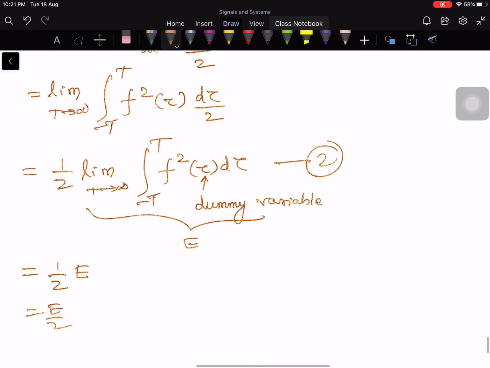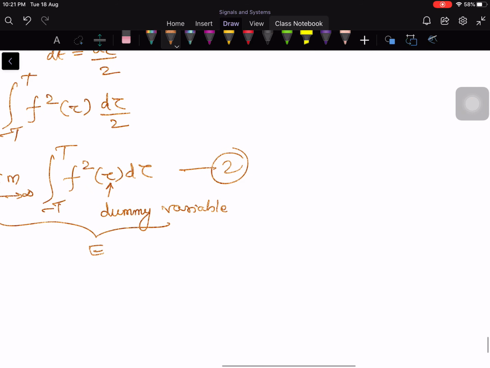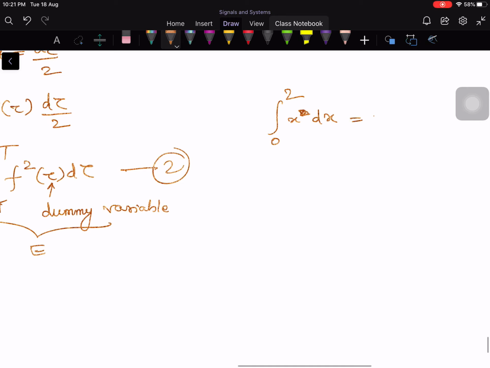So this is a dummy variable. Maybe you can think like, suppose you have x square, let's say, x into dx, and the limit is, let's say, 0 to 2. What is the integration of this? This is going to be x square over 2. The limit is 0 to 2, that is 4 by 2 minus 0, that is 2.